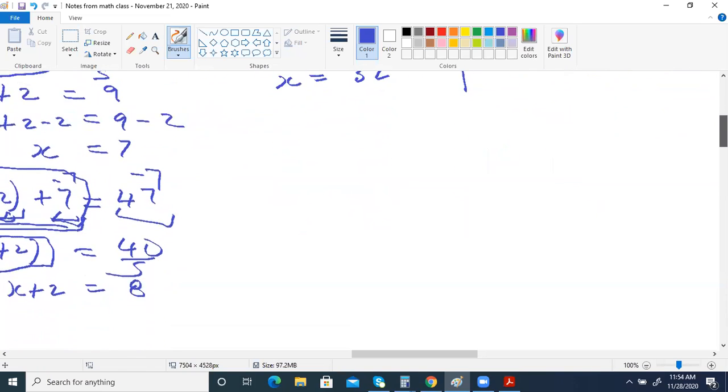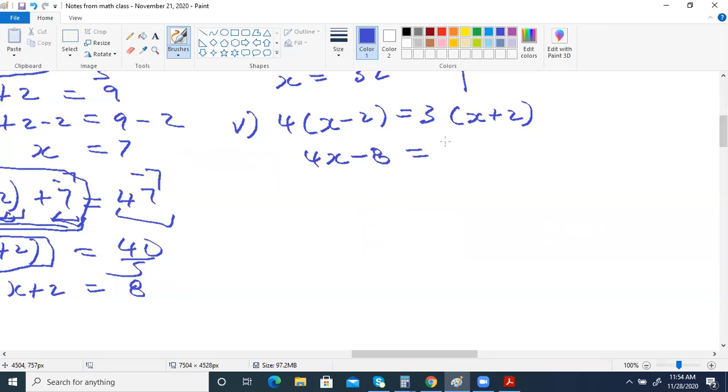Okay, now we have V. V is simple. V can blaze through. So I can just say this is 4x, this is 8, minus 3x, 8, this is 6.